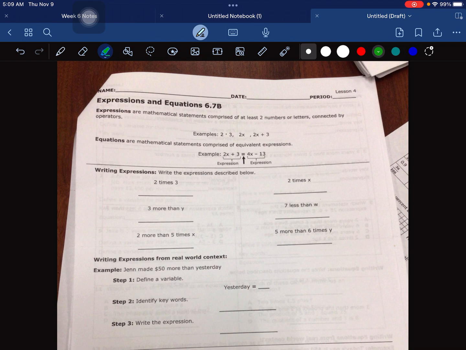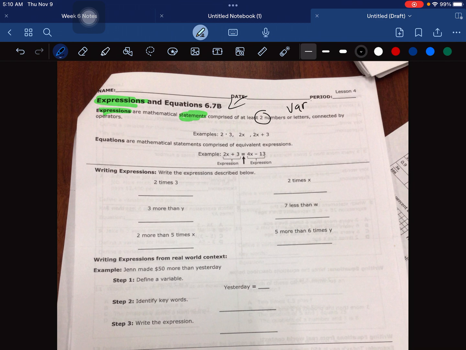Expressions, chicos. I don't know if you heard the term expressions before, but expressions are mathematical statements. If you just say something, literally, it's like a sentence comprised of at least two numbers or letters. Now, comprised means that it has. So, a mathematical statement that has at least two numbers or letters.